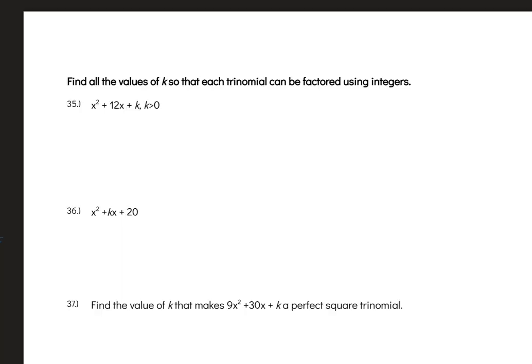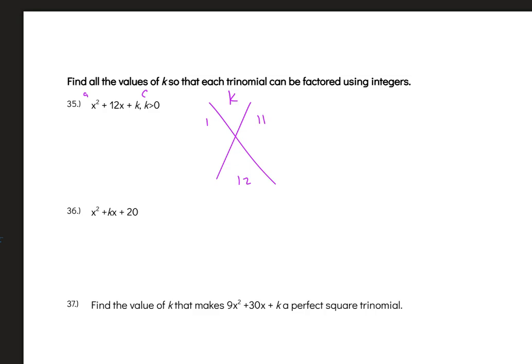Find all the values of k so that each trinomial can be factored using integers. So what we're going to do here is basically a times c would be k, and we want to get 12. So I guess there could be lots of numbers, but the idea is that there could be 1 and 11, right?